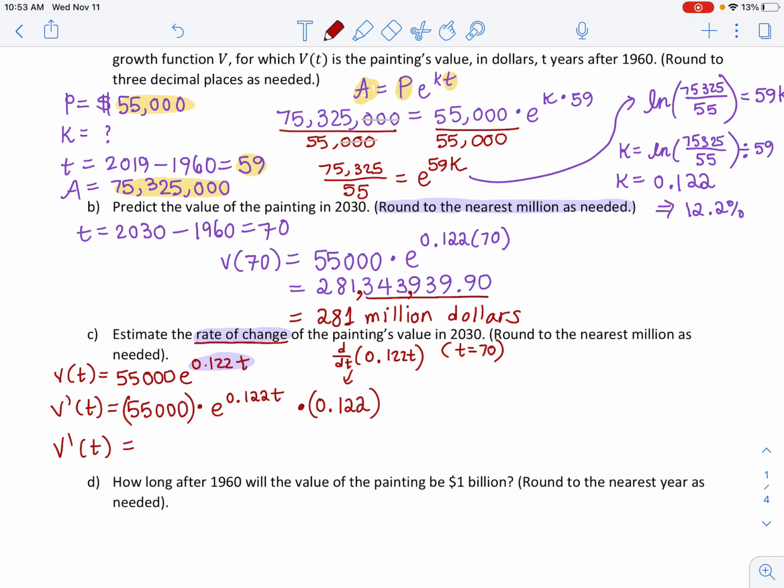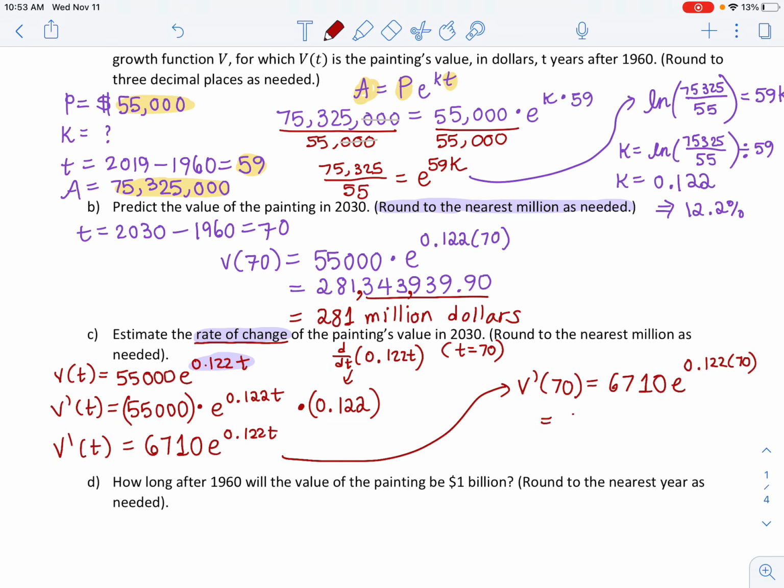So 55,000 times 0.122. The derivative function will have a coefficient of 6710 e to the 0.122t. Let's go ahead and plug in t equals 70. The derivative at 70 is equal to 6710 times e to the 0.122 times 70.